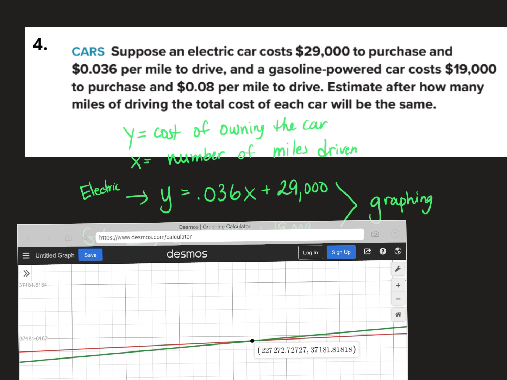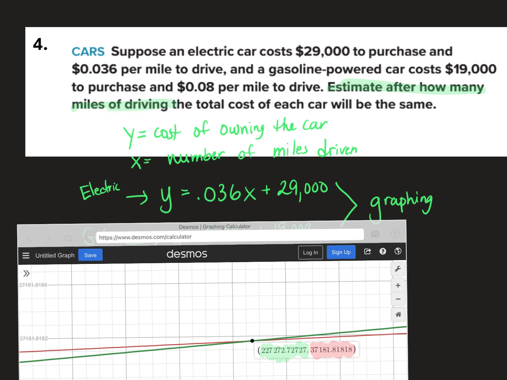So the total cost being the same is your y, because the y is the total cost. So the total cost is the same when we are costing $37,181.82. So the number of miles driven would be around 227,000. I'm going to highlight that. So that's our answer.